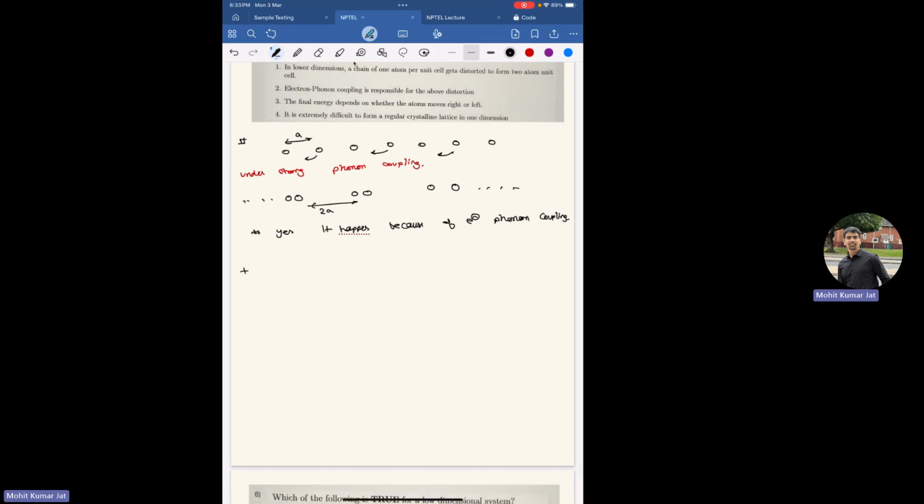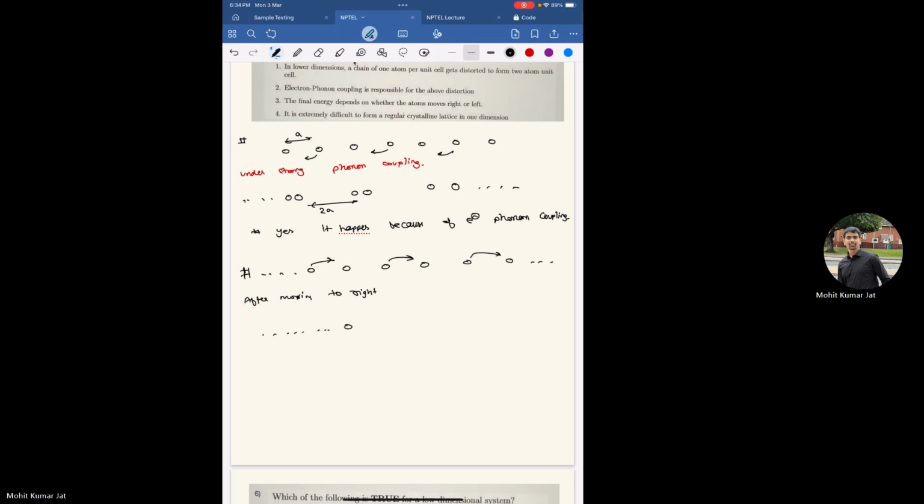If my lattice was initially like this, extending to infinity, after moving to the right, let's move this one to the right, this one also to the right, this one also to the right. Let's see what happens. It will be like this.